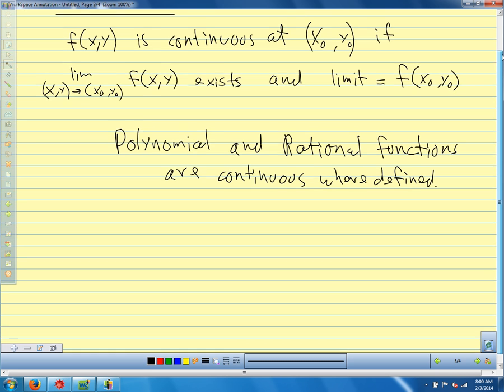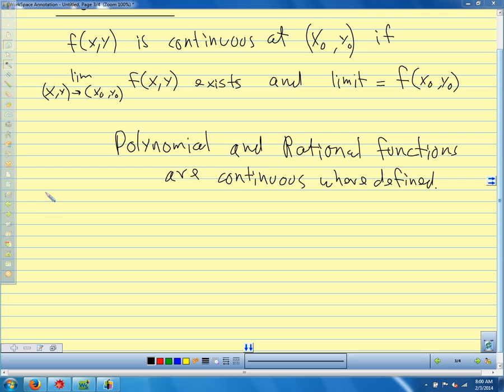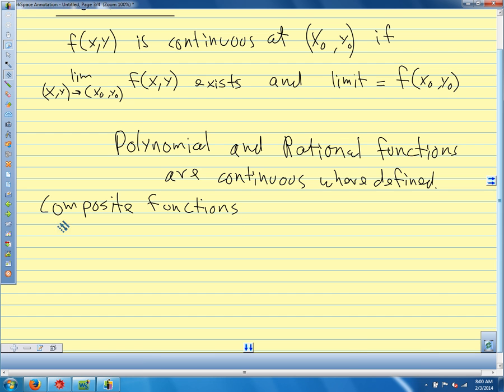We also want to be able to talk about composite functions, and decide about continuity of composite functions.